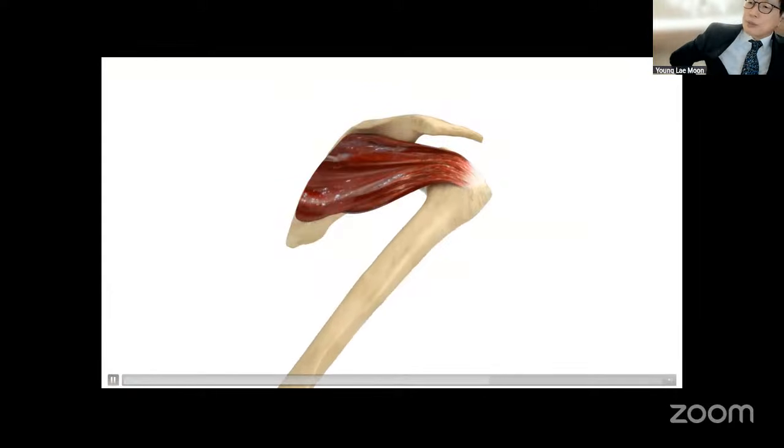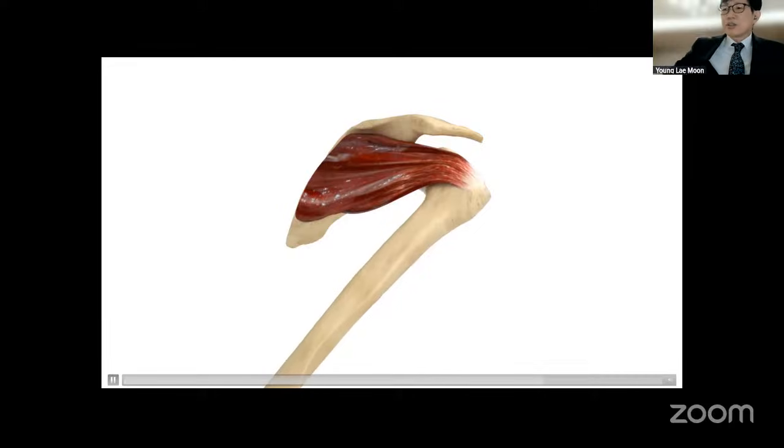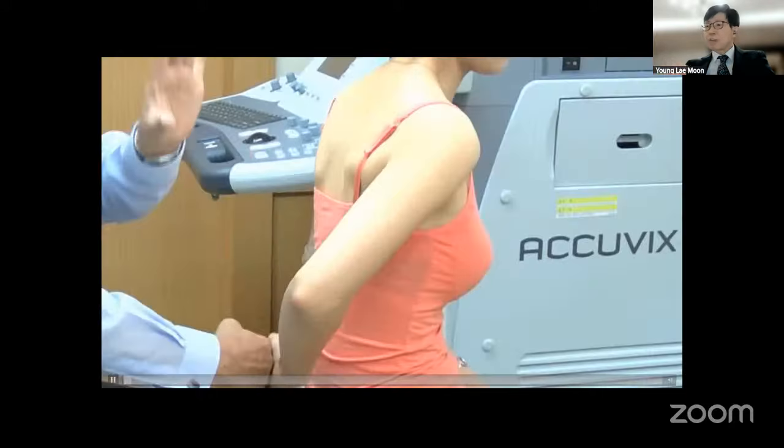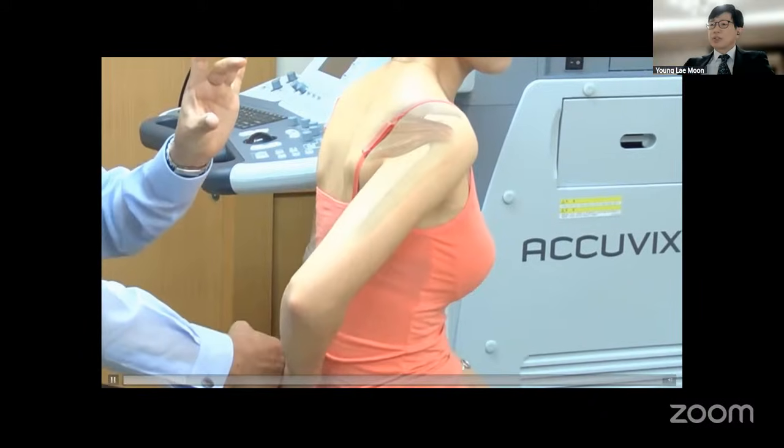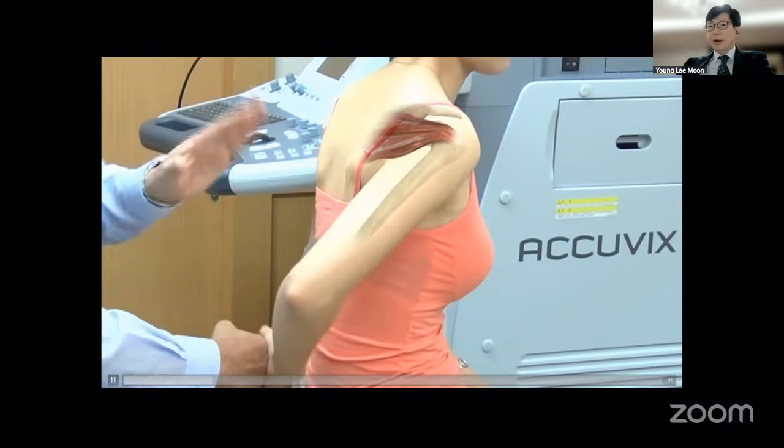Inability to lift off or weakness during this maneuver indicates a subscapularis tear, especially involving the lower part. This test is essential for detecting complete or partial subscapularis rupture, which may require surgical repair.